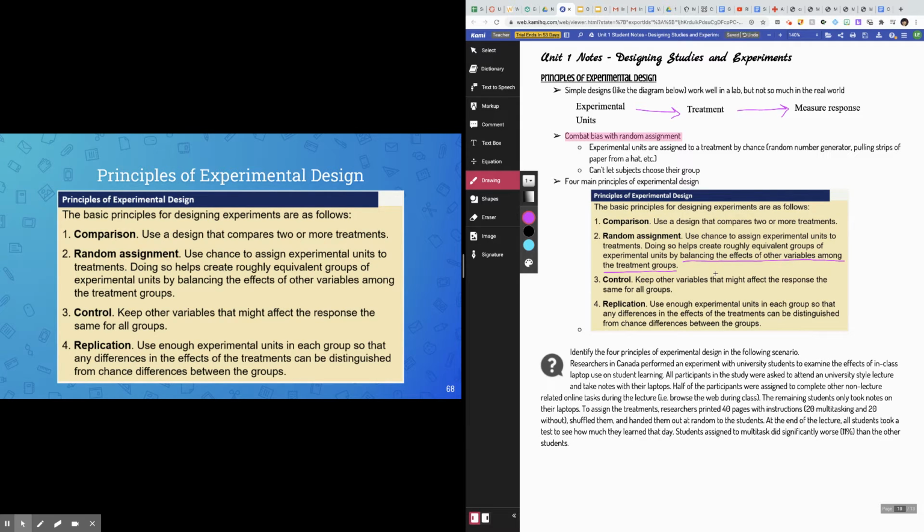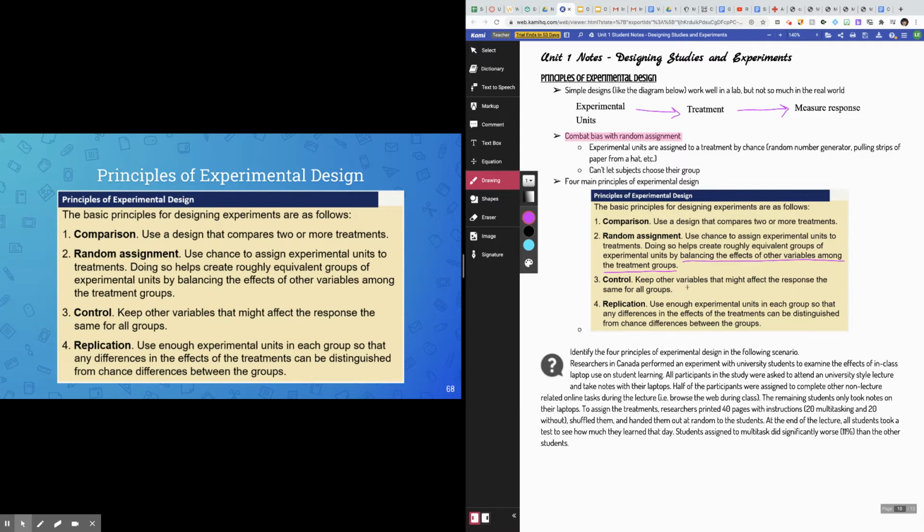Remember in the previous video I was talking about confounding variables? You do as best you can to control and eliminate those confounding variables, but in the real world, it's almost impossible to eliminate them all. So we use random chance and the natural variation of the universe to try to balance the effects of those other variables.